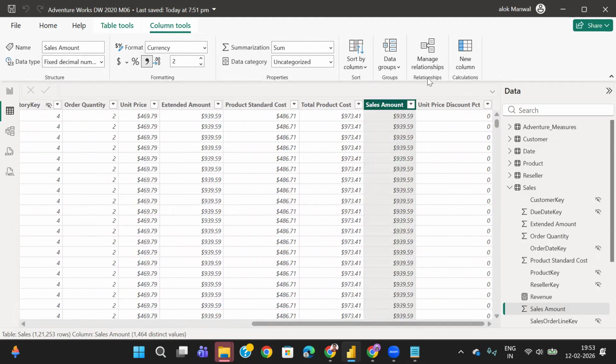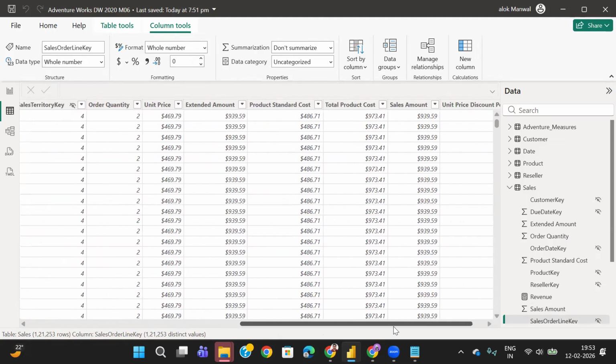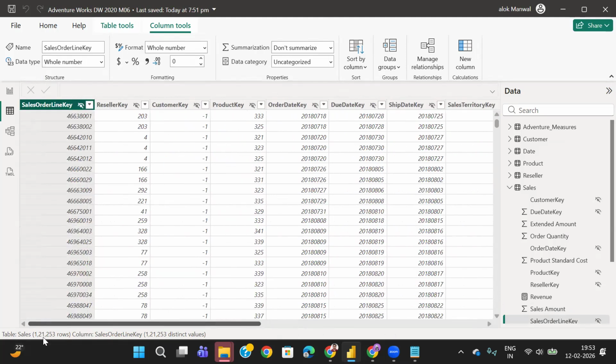But if it is said that I want the revenue as per order, then we have to look for the order. This is the order line. If we look at the order line, it shows no repeated value. Here you can't see repeated values. So it would be easy for us to divide by the total rows of the order line value.